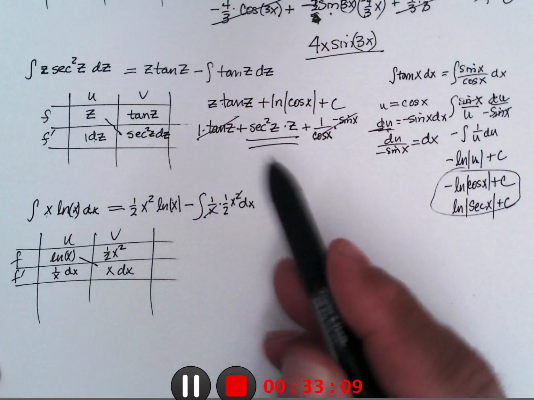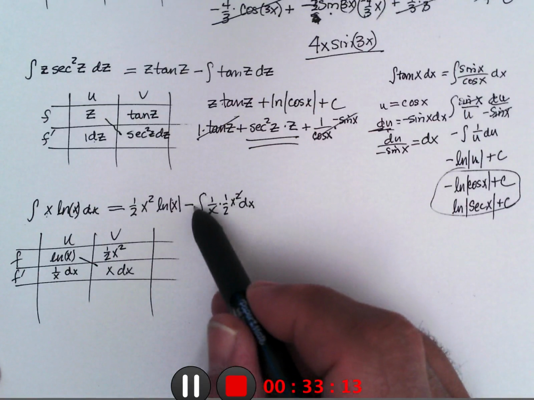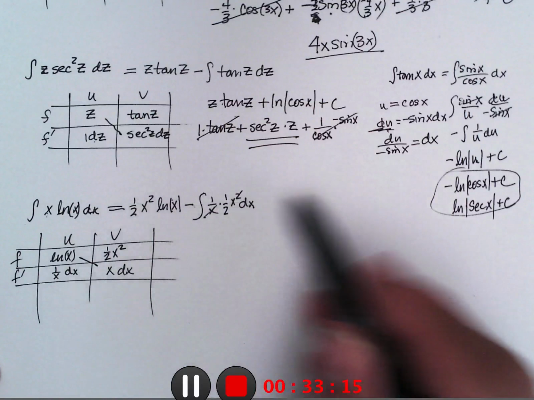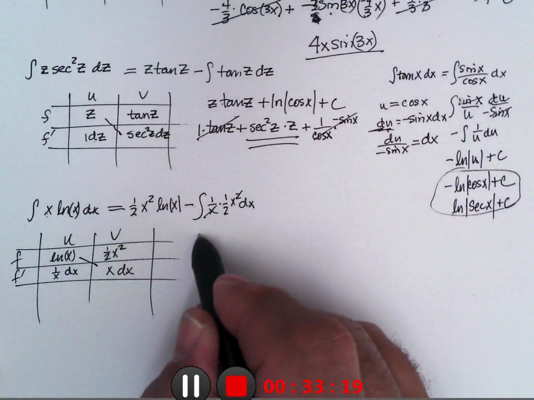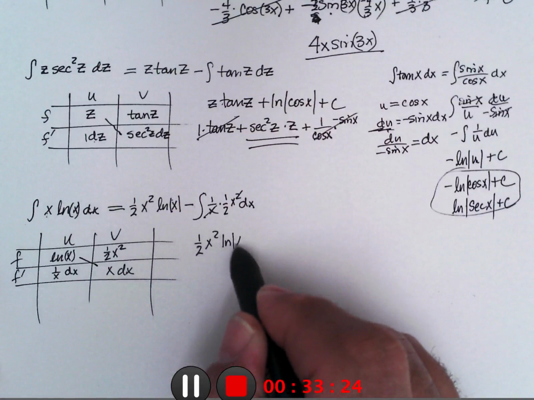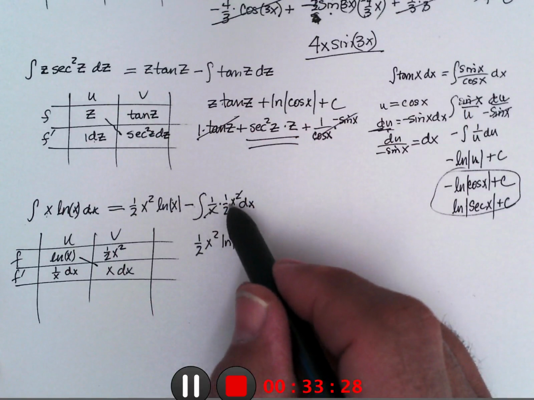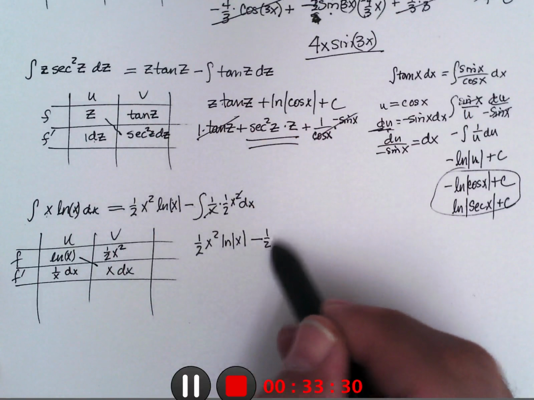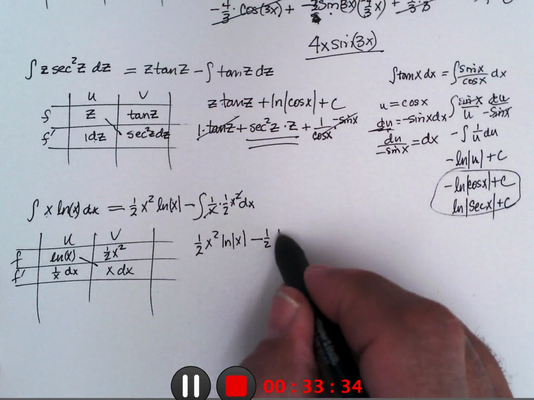So we have half of the integral of x, and the integral of x is 1/2 x squared.